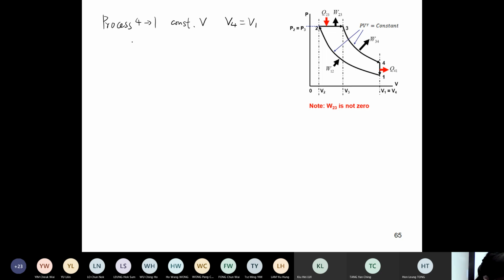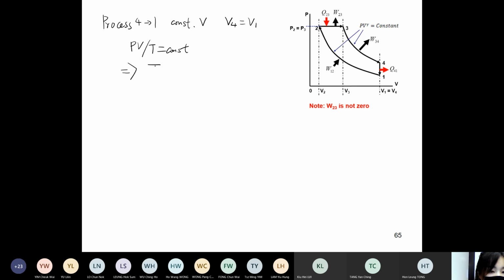By combining this with the property of perfect gas, again PV over T equals constant, we can get the T to P ratio.